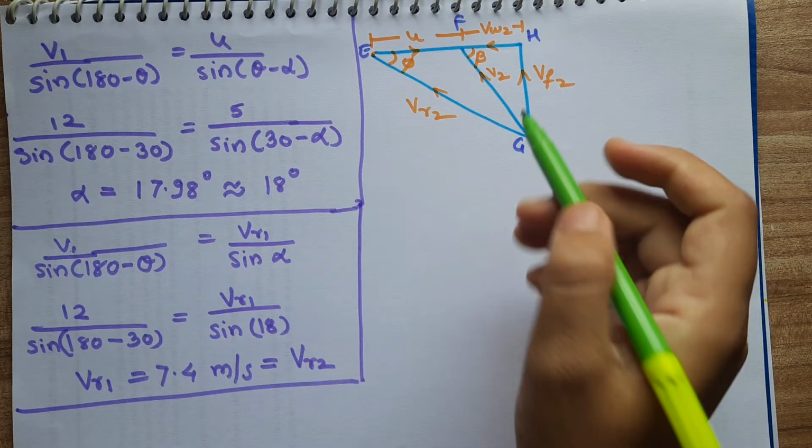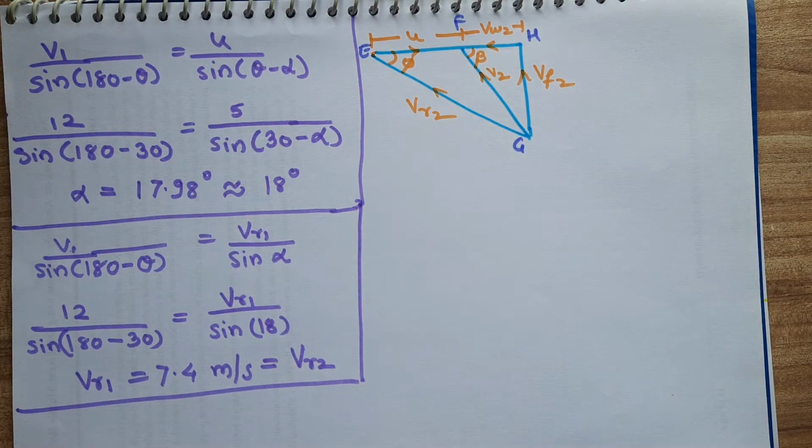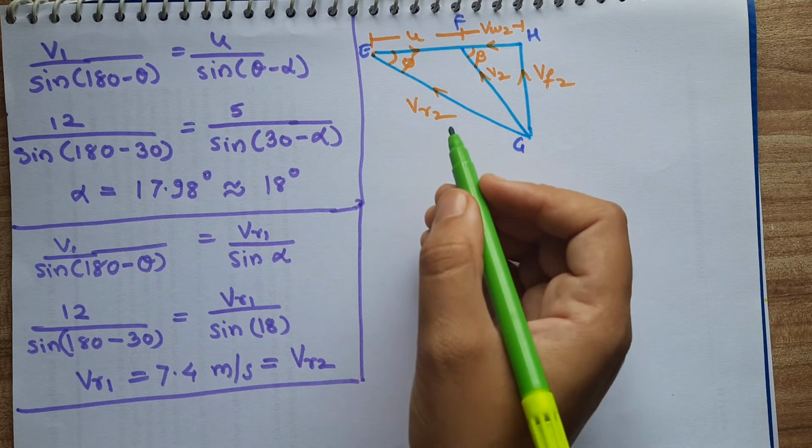Now to find V2, there are two different methods, as I said, that is we can use the sine rule or simple trigonometry. Let's see first by the sine rule.